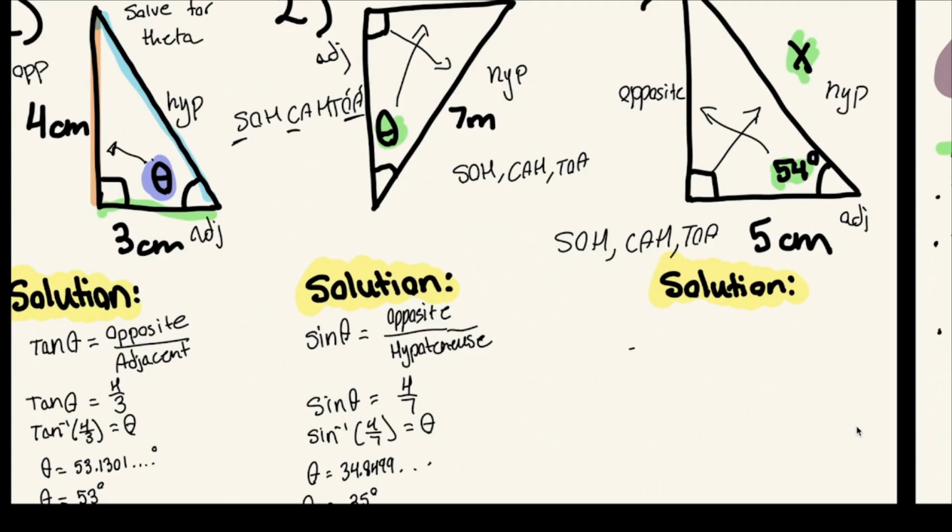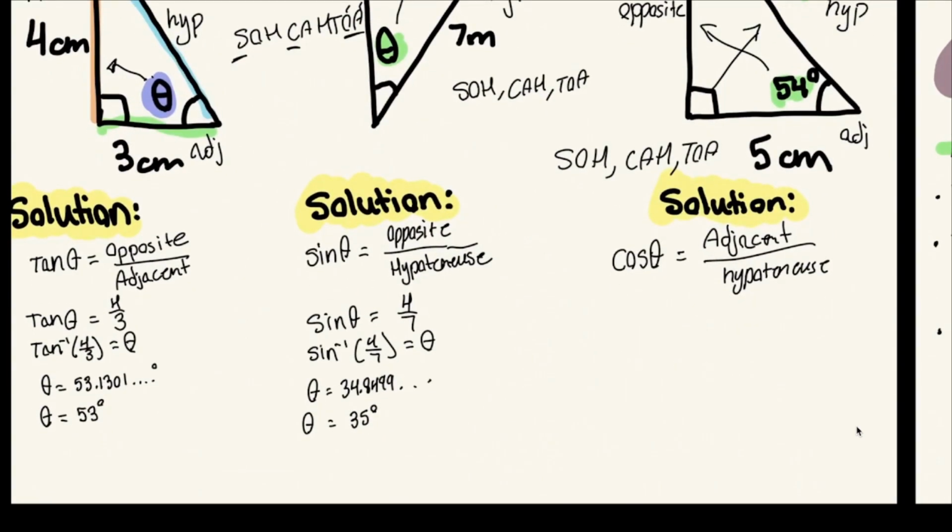If we use cos, the formula is cos theta equals adjacent over the hypotenuse, and let's sub in values now.